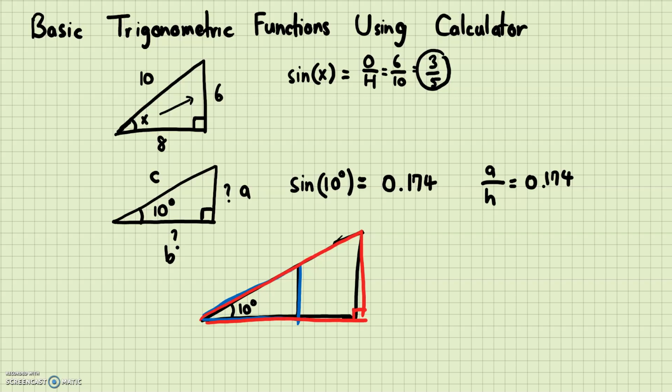Is the ratio of A to C still going to be the same? And it turns out, yes. The ratio of the sides of a right triangle is going to be the same as long as the angles are the same. As long as the angles are the same, the ratio of the sides is going to be constant.